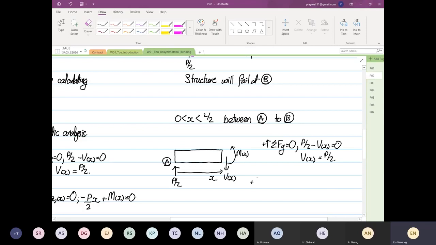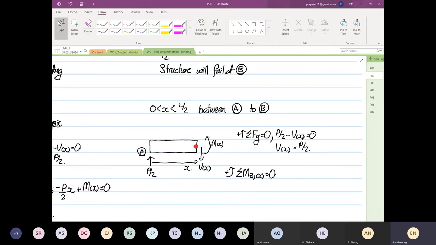Then we have summation about moment in the z direction, where the reference point is at point x. So we're going to take moment exactly over here at the red dot. So it's going clockwise, minus P/2 x plus M(x) is equal to 0.